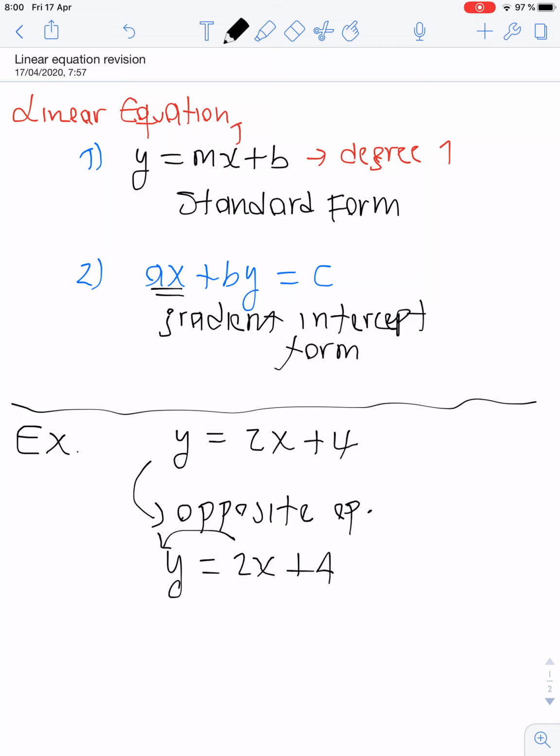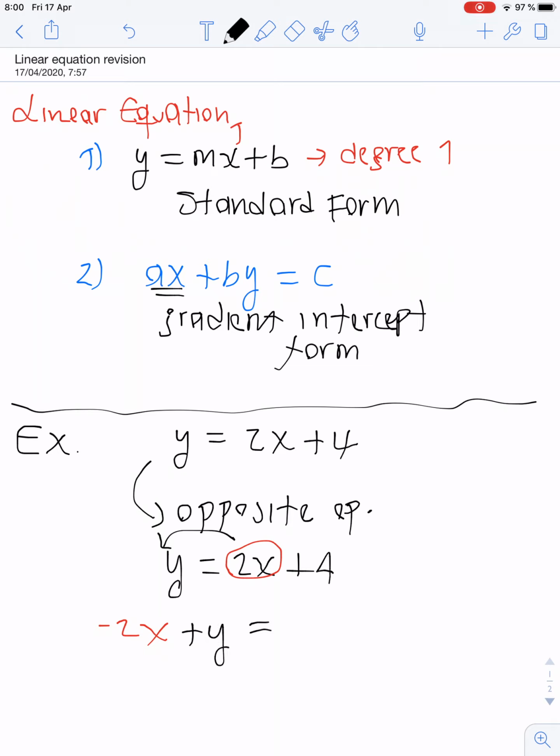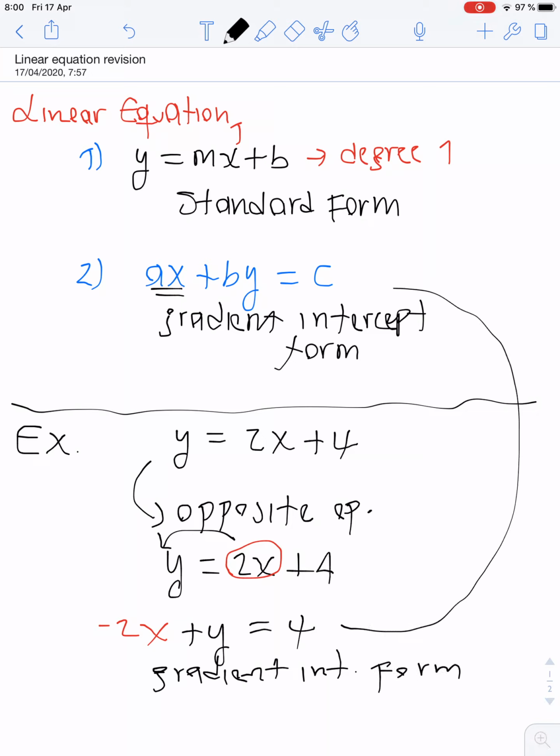In this case, the opposite operation of plus is minus, that is minus 2x. I'm going to add minus 2x, so minus 2x plus y equal 4, and then it is the gradient intercept form. If you analyze, this expression is similar to the other one because we have the component c on the right, we have the y, that is by, and a minus 2x, that is ax.